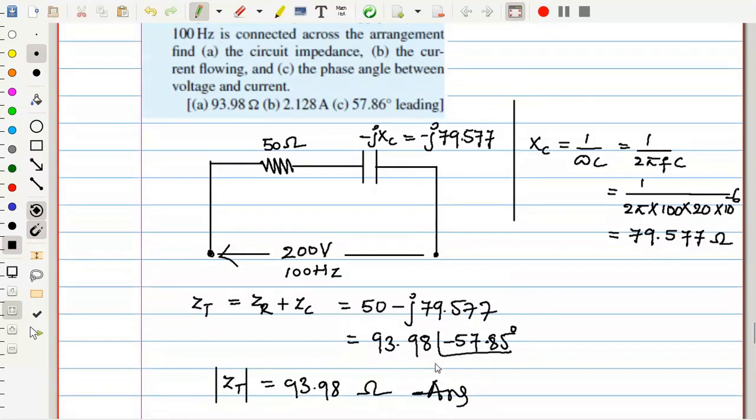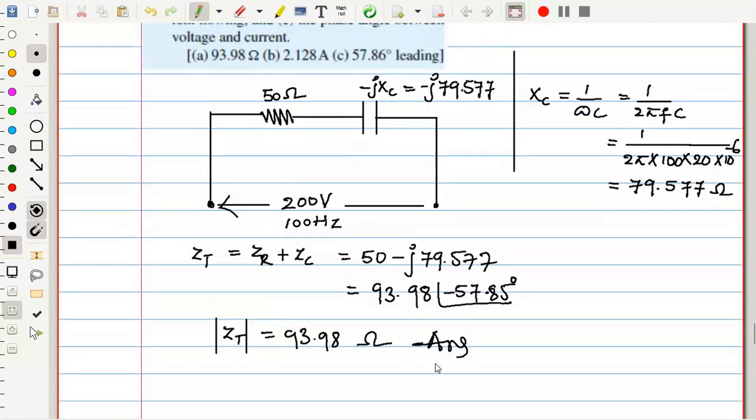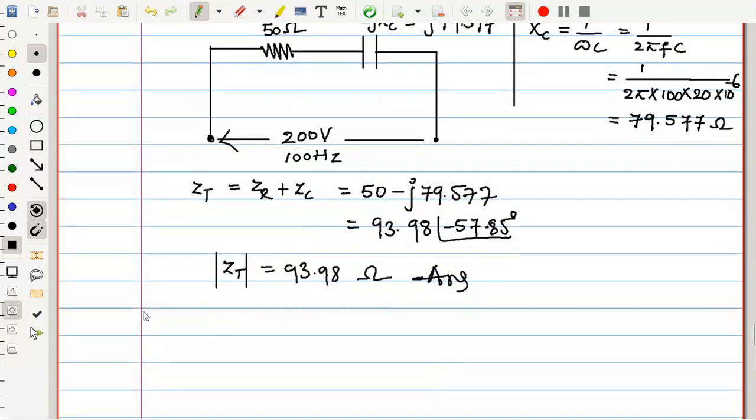Next, what else do we need? The current flowing. Current means I need only the current magnitude. Previously we saw that current magnitude is equal to Vs magnitude divided by Zt magnitude. Vs magnitude is known, 200.